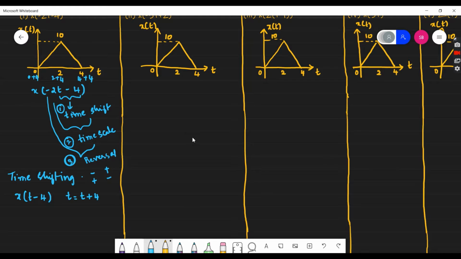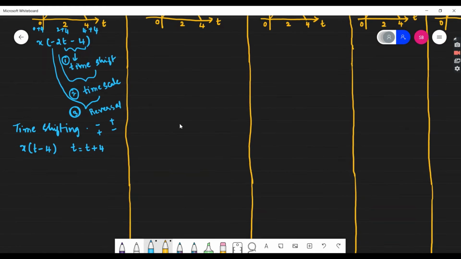That is the plot for x of t minus 4 with reference to the independent time variable t. The shape of the signal won't change, only the time changes. So the signal is shifted from 0 towards 4, and it looks something like this.